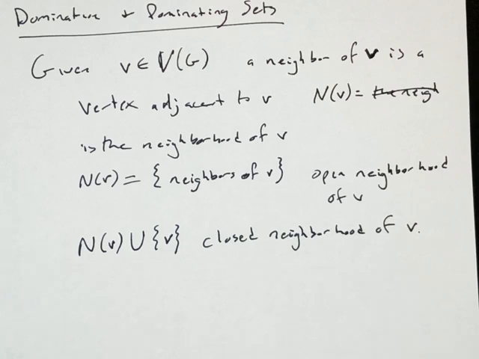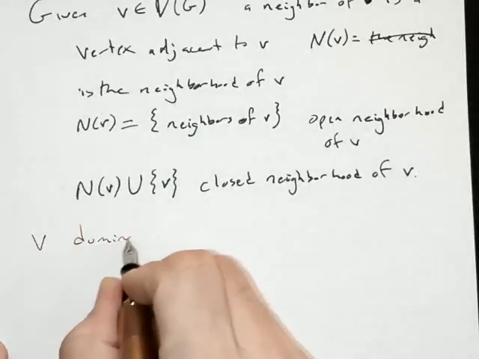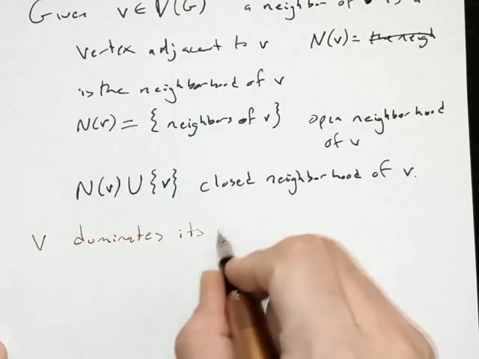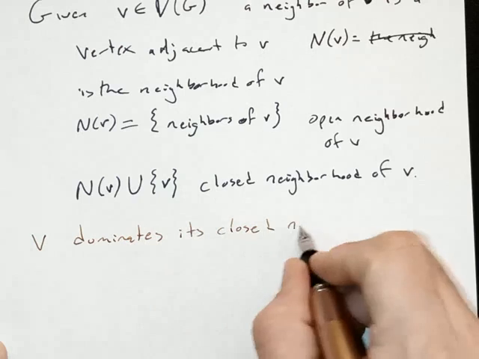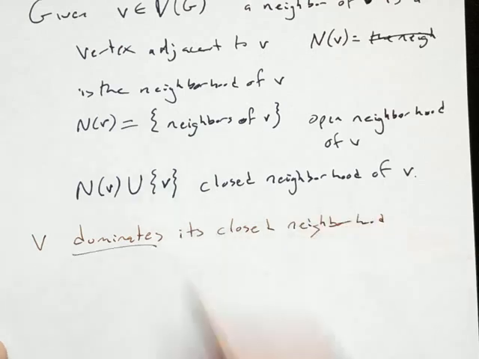We say that V dominates its closed neighborhood. Or V is a dominating vertex for those other vertices, which means V dominates a total of 1 plus the degree of V vertices.